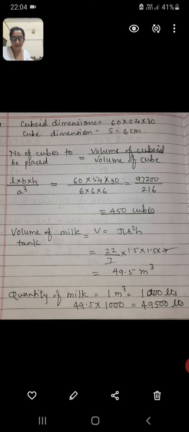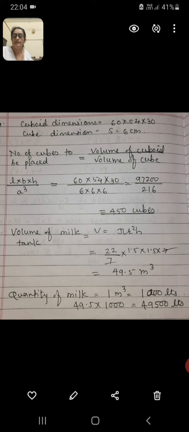The next one is question number 6. A milk tank is in the form of a cylinder whose radius is 1.5 meter and length is 7 meter. Find the quantity of milk in liters that can be stored in the tank. To know the quantity of the milk, we should know the volume of the tank.